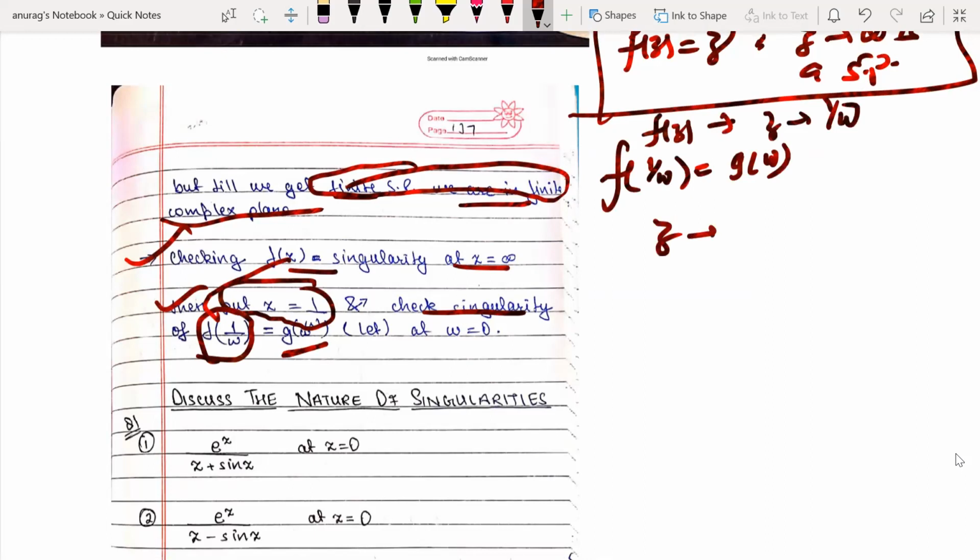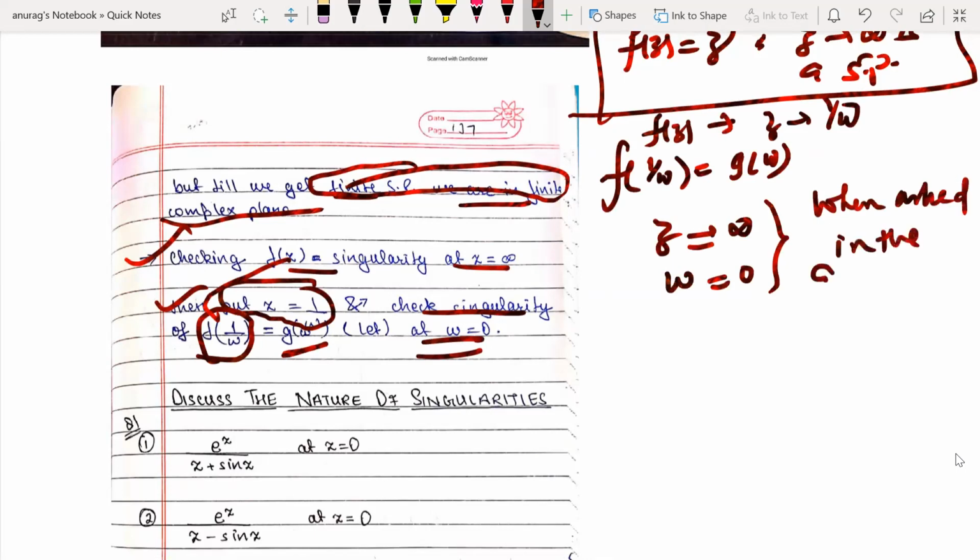You are checking z equal to infinity, so you have to check at w equal to 0. You have to use this when asked in the question, otherwise no need to check the singularity at z equal to infinity. It is assumed that we are dealing in the finite complex plane only.